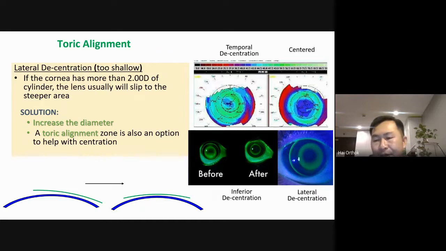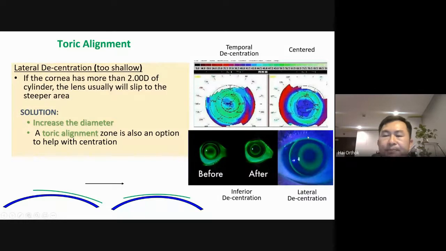It's better than what you measure on the topographer. And then you can definitely see the lens is too big or too small. And the last reason for lateral decentration is that the first K that you choose is incorrect.